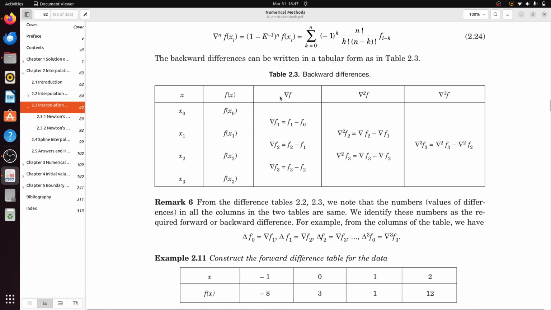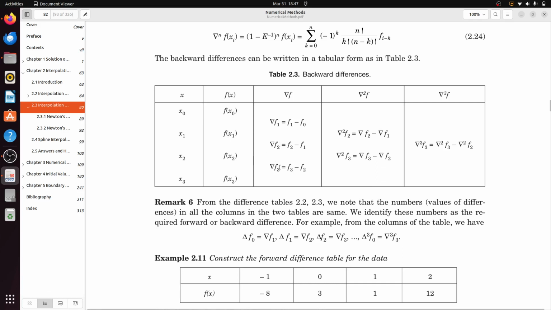Nabla of f1 will be f1 minus f0. Then nabla of f2 will be f2 minus f1.